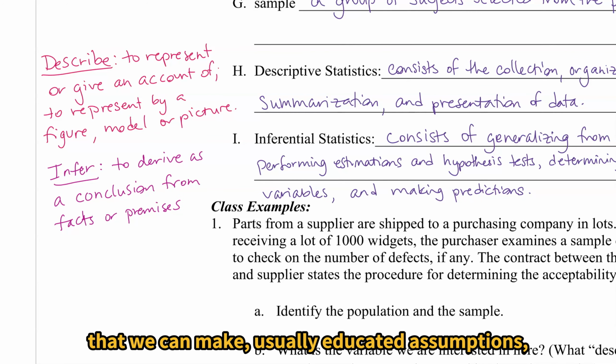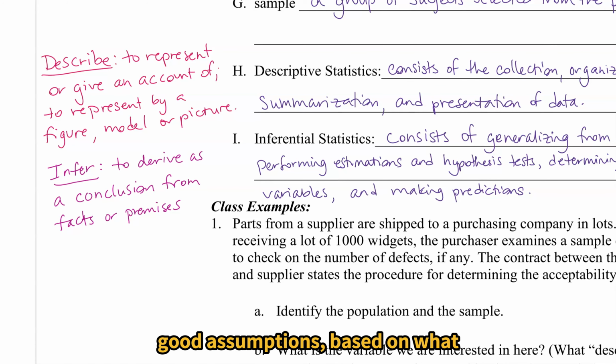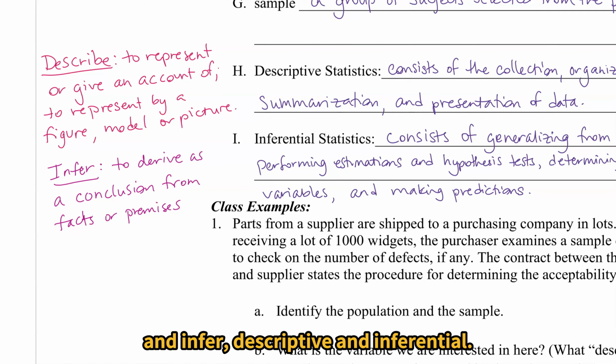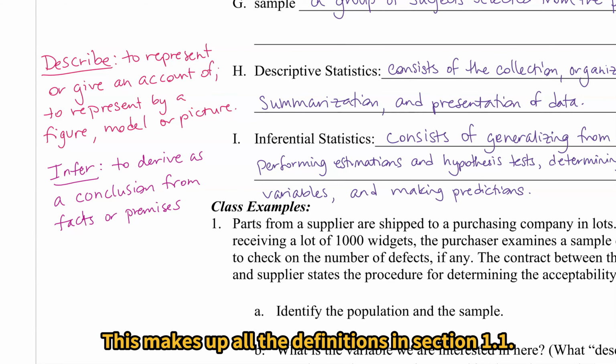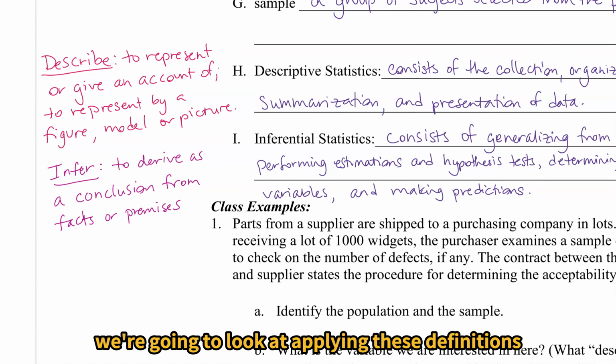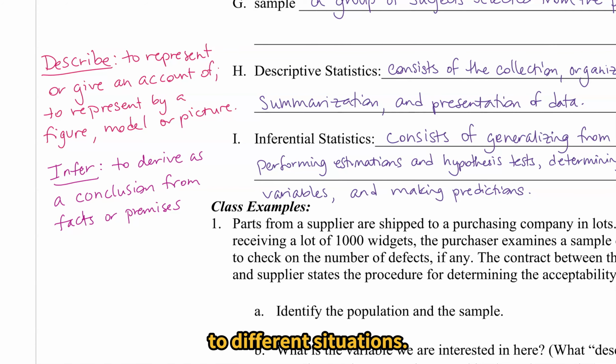Premises are assumptions that we can make, usually educated assumptions, good assumptions, based on what we're trying to understand. So here we have the difference between describe and infer, descriptive and inferential. This makes up all the definitions in section 1.1. So in the next part of our lesson, we're going to look at applying these definitions to different situations.